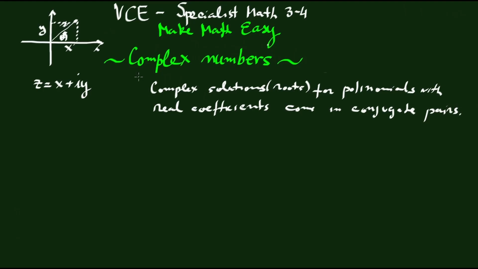What it means is that if z is a solution of an equation, then also z conjugate is a solution of a polynomial. Both are two solutions, and are always present.